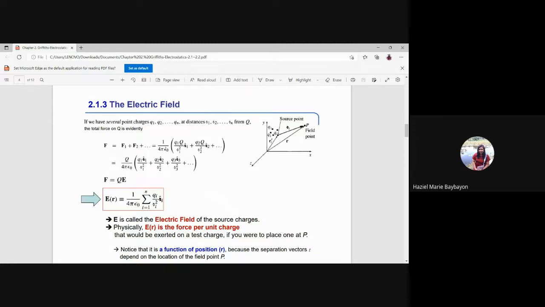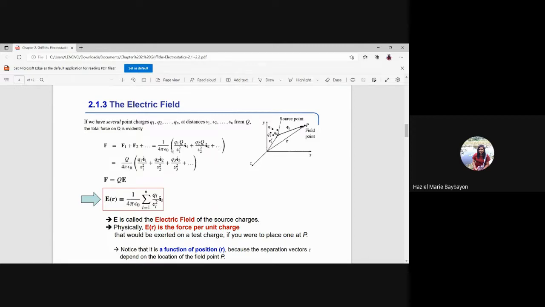So this is equal to 1 over 4 pi epsilon naught multiplied by Q1 times Q over R sub 1 squared, R1 hat, plus Q2 times Q over R sub 2 squared, R sub 2 hat, and so on.